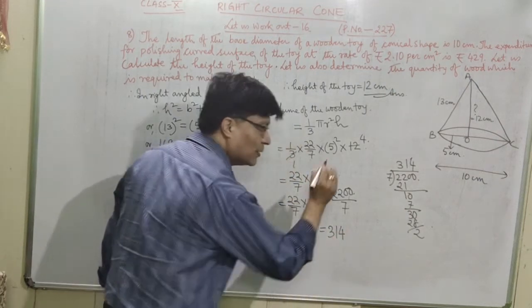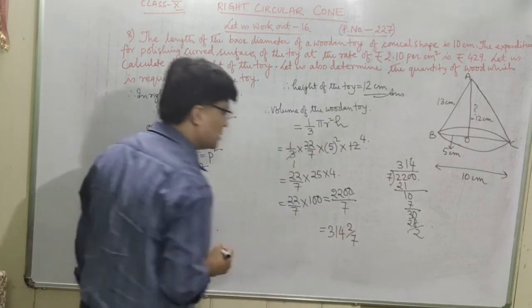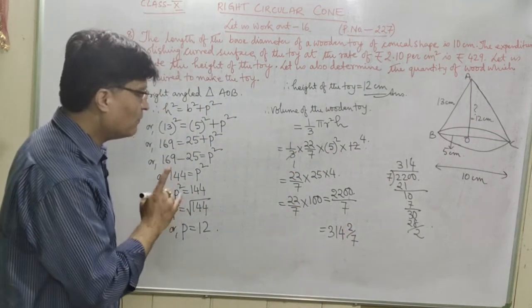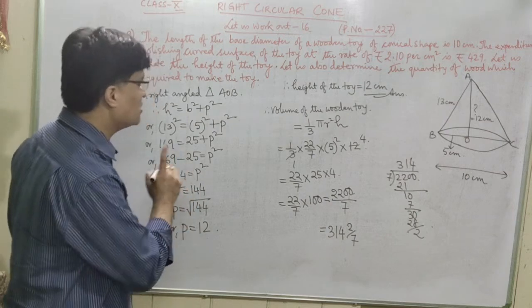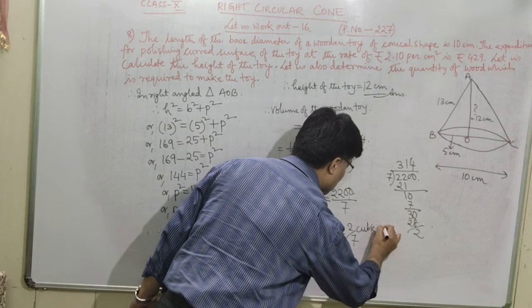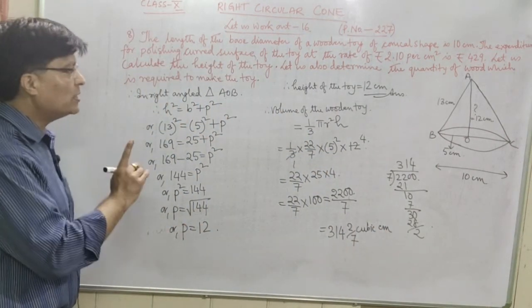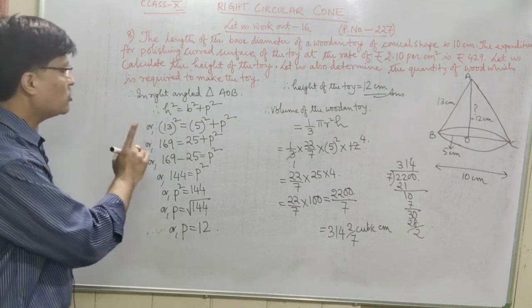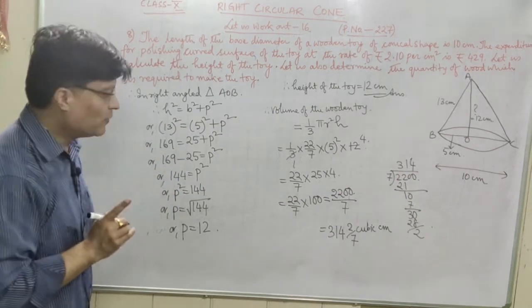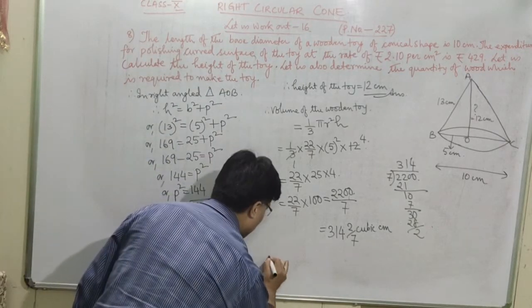And what is the fraction? Remainder is 2 divided by, what is the divisor? 7. That is 314 whole number 2 by 7. What is this unit? Cubic centimeter. That is quantity of wood which is required to make the toy is equal to 314 2 by 7 cubic centimeter. So therefore you can write down the answer.